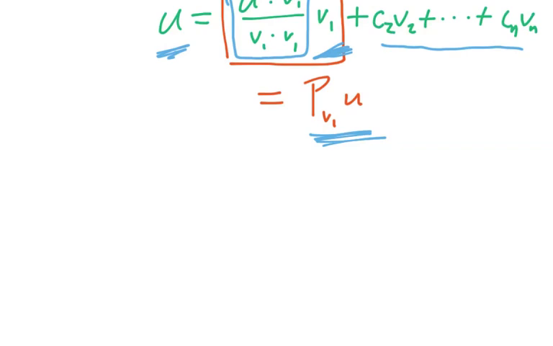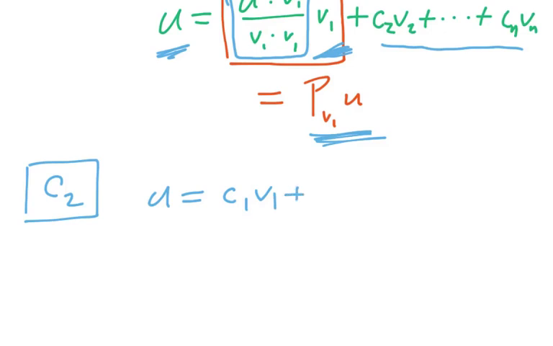But it should not be surprising to figure out that, let's just do C2 for instance. If we start with the fact that u is supposed to be equal to C1 V1, and now we know what C1 is because we just calculated it, but I'm just going to write it as C1 to save space, plus C2 V2 plus all the way up through Cn Vn.